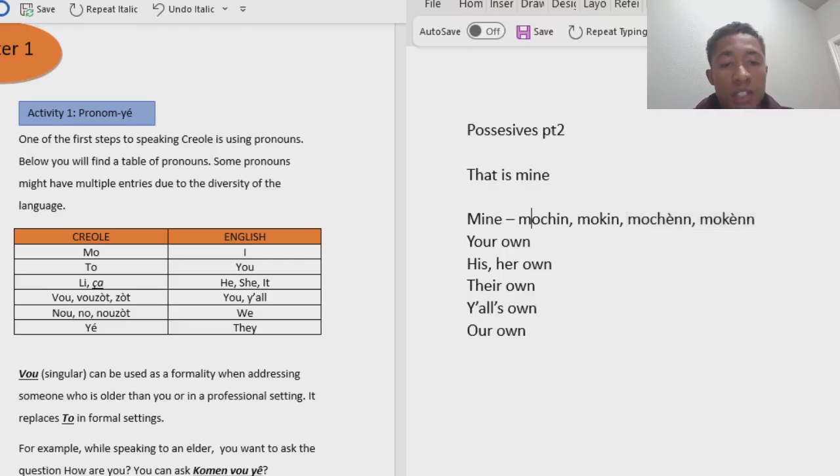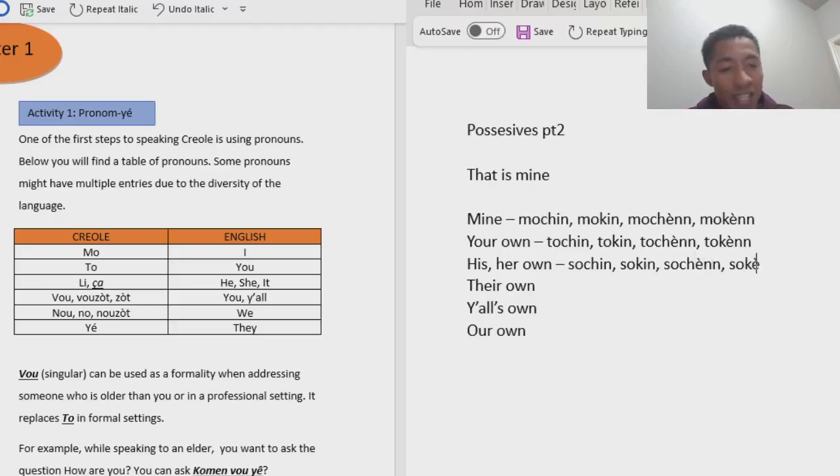You can follow this exact same format for all the rest. So for your own, tochen, token. It's quite simple. Sochen, soken.